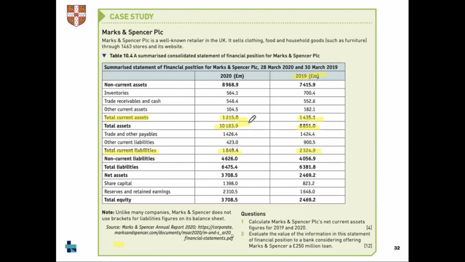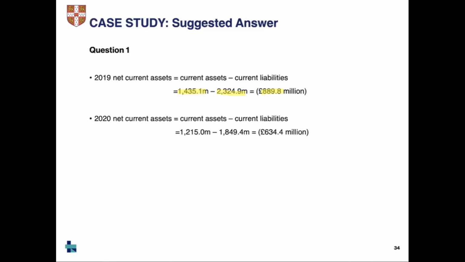Its current liabilities is more than its current assets. However, it has a positive figure for net assets. All right. So your calculation should look like this for 2019 and 2020. So your figure for liability is correct, but your figure for current asset is not correct. So you have to check it.